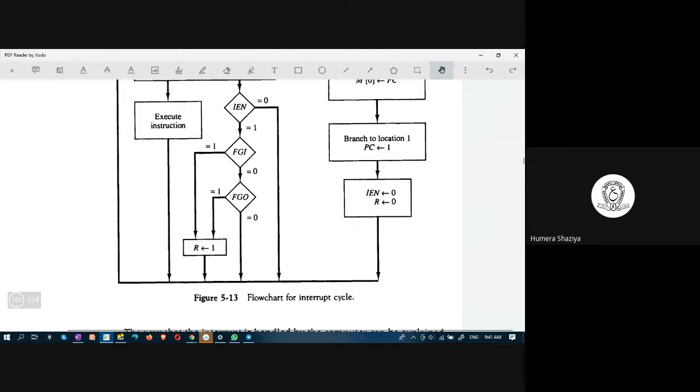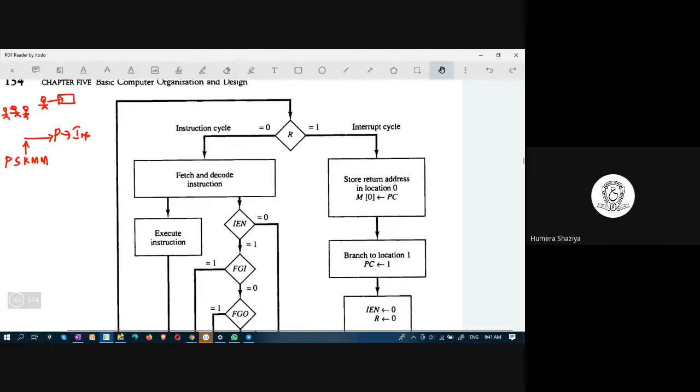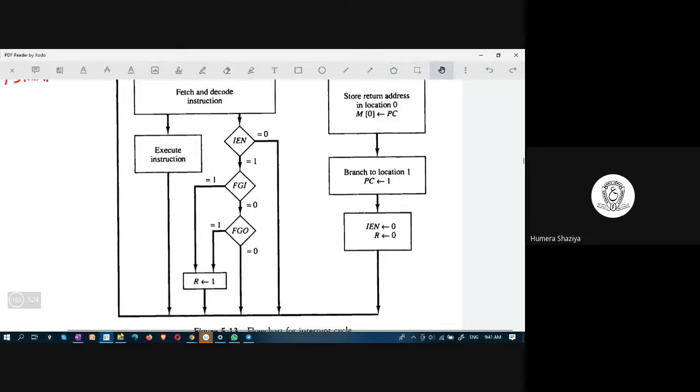Later, the subroutine is executed, followed by clearing IEN and R. Interrupt enable is cleared to 0, R is cleared to 0, so that the next time the processor can follow the instruction cycle and not the interrupt cycle.